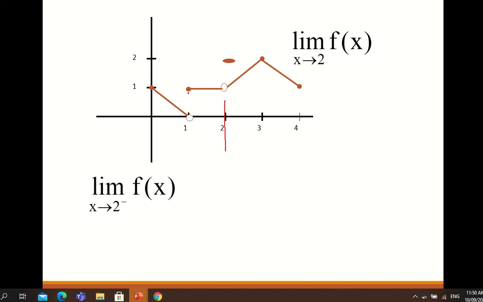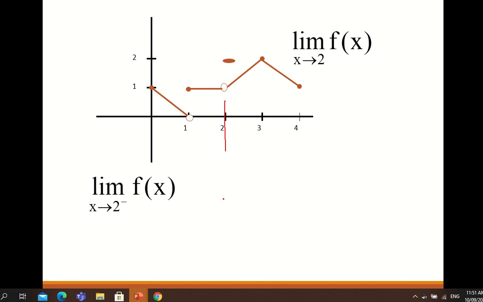It jumped here. As we continue to move to the right, it approaches 2. As we mentioned, we're not after the exact value, but we are concerned with the value that f of x approaches. In this case, x approaches 2, and what is our f of x at this point?